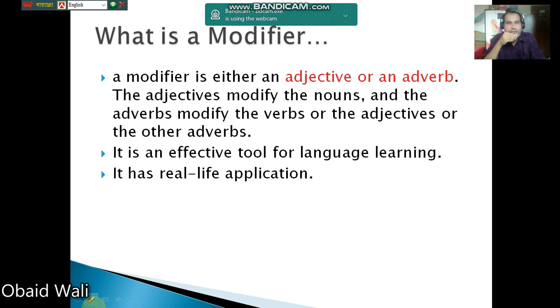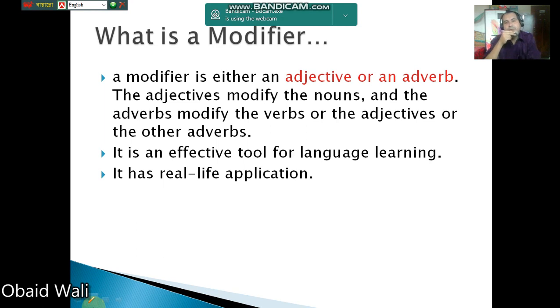So what is a modifier? As I was telling you earlier, a modifier is either an adjective or an adverb. The adjectives modify the nouns and the adverbs modify the verbs or the adjectives or the other adverbs. So you need to learn the use of modifiers, because it is an effective tool for learning language, and it also expands your vocabulary.